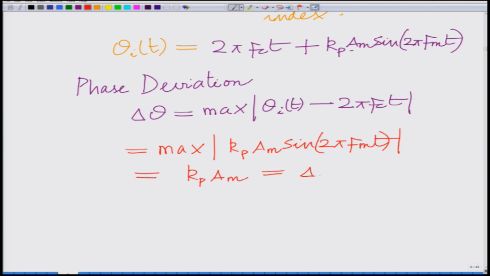So, this is delta theta, and you can also see this is equal to your beta, that is the modulation index.